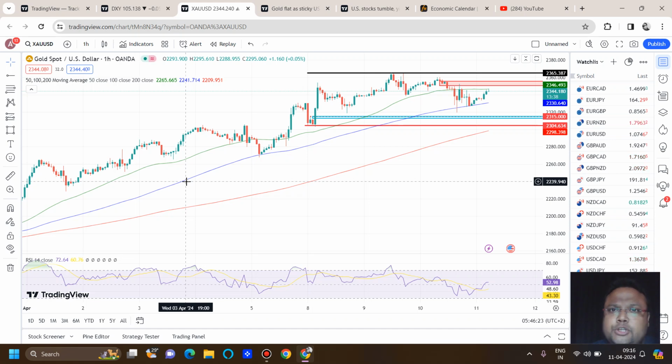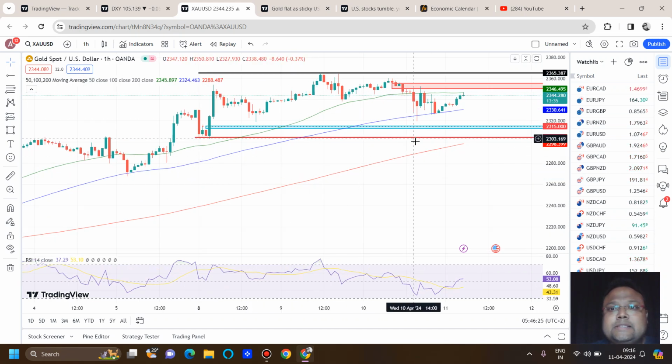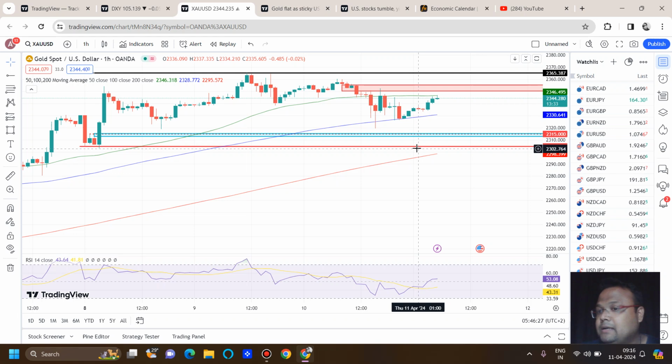Overall the market is bullish, no doubt, but the present trend is a sideways market, meaning the number of buyers and sellers are almost equal. It doesn't matter whether you trade gold, Euro USD, stocks, commodities, doesn't matter. Always keep in mind sideways market means the number of buyers and sellers are almost equal.